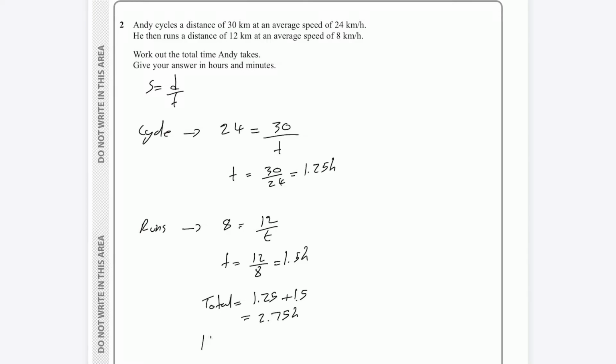Now we know that 1 hour has 60 minutes, so 2.75 hours are going to have 165 minutes, and that is 2 hours and 45 minutes altogether, because 2 hours have 120 minutes, and then you take 120 away from 165.